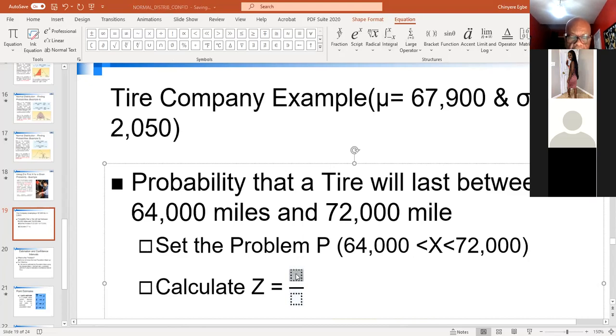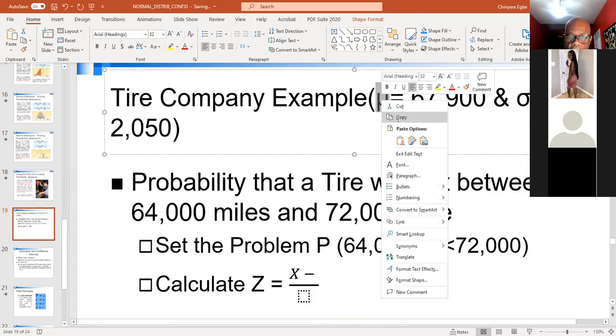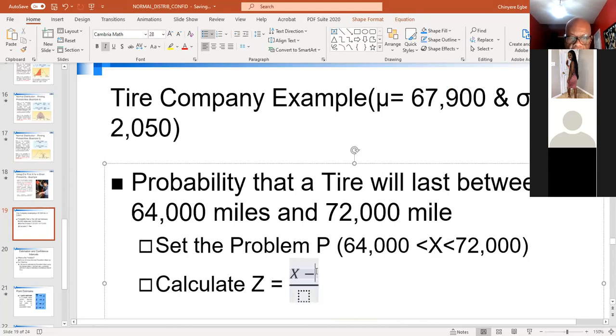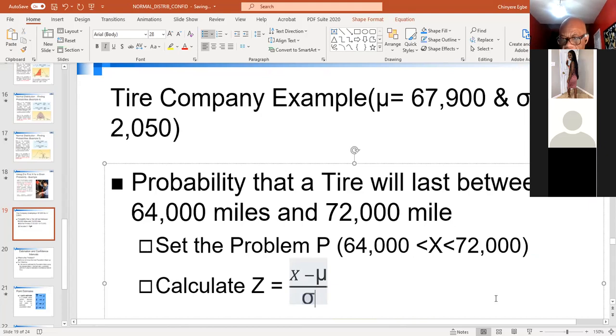Okay, Z is equal to X minus mu over sigma.